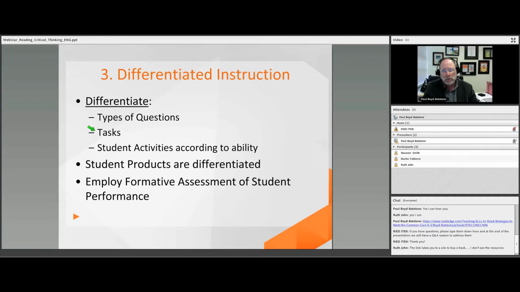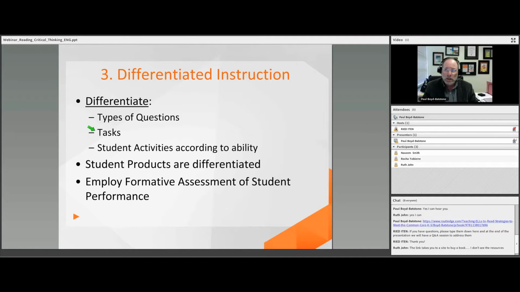The tasks that we ask students to do. For example, in writing, I may ask a level 1 student to dictate to me, and I act as the scribe for their ideas. Or maybe another student is a scribe because they have trouble writing.